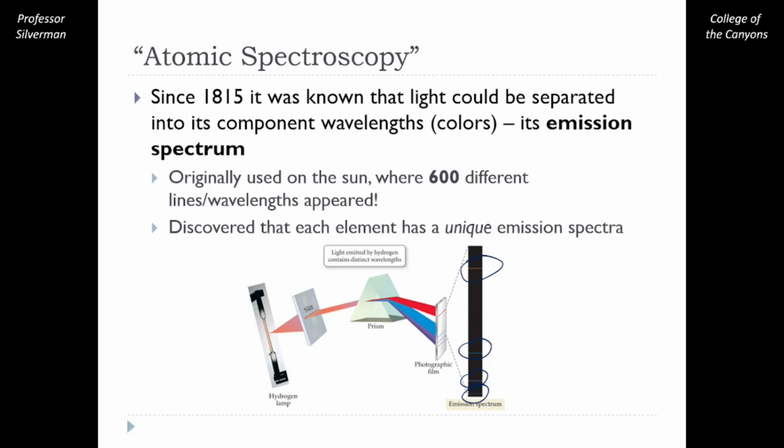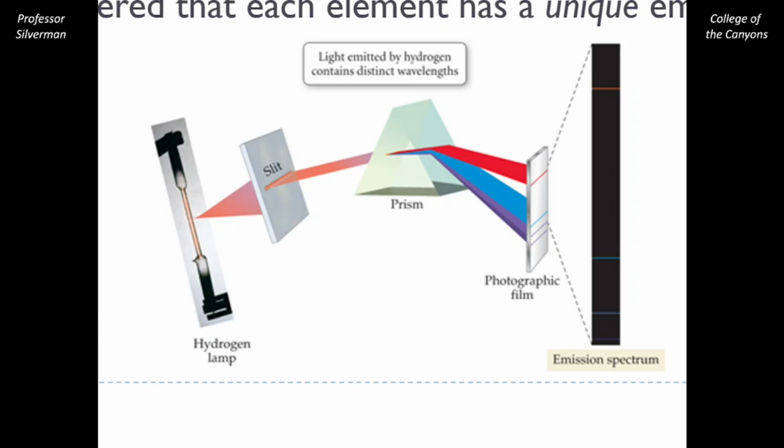We call this the emission spectrum for hydrogen. What energy of light is emitted from hydrogen? We can zoom in on this image a little bit, try to have a little bit more clarity. Hydrogen here is emitting 1 little wavelength of red light, 1 wavelength of this teal light, 1 wavelength of blue light, and 1 wavelength of purple light.